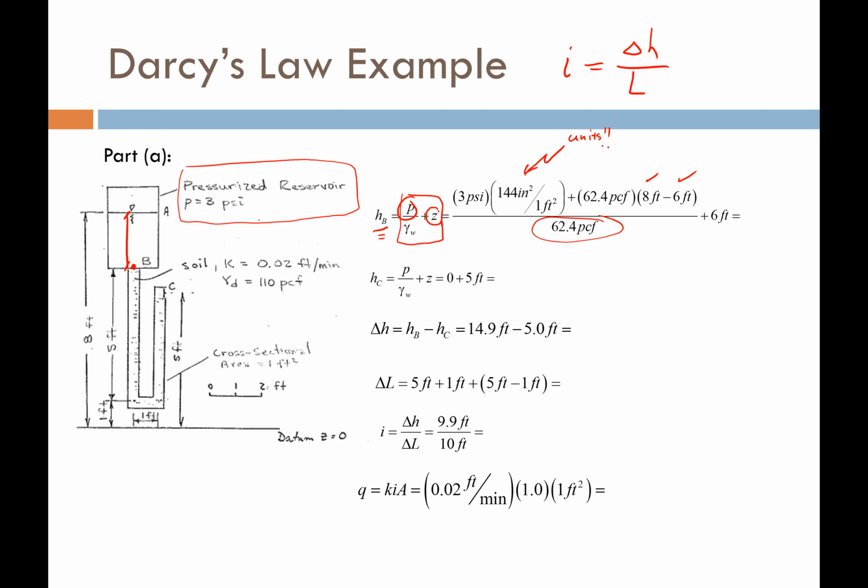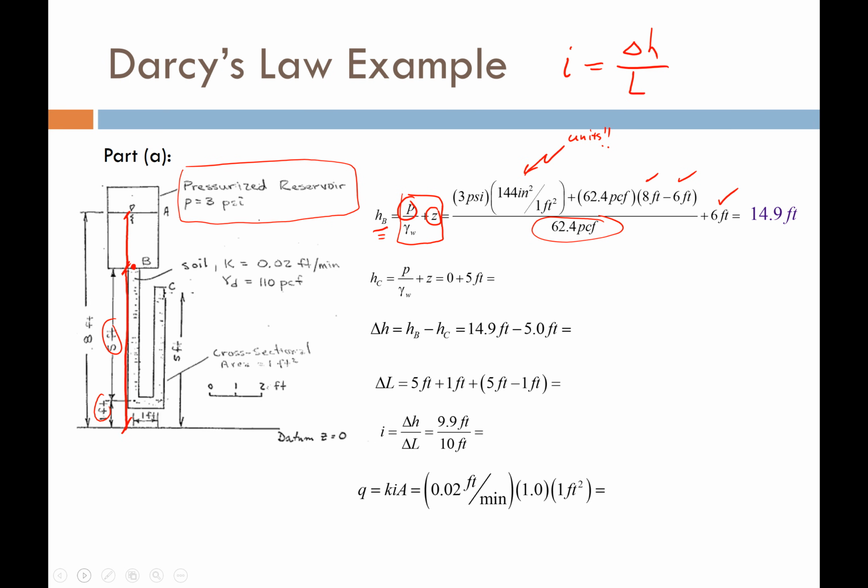Now the elevation head is simply the height from the datum up to the point of interest, which in this case is 1 foot plus 5 feet, or that's where our 6 feet comes from. So now if we do the math, we get 14.9 feet of total head at point B.